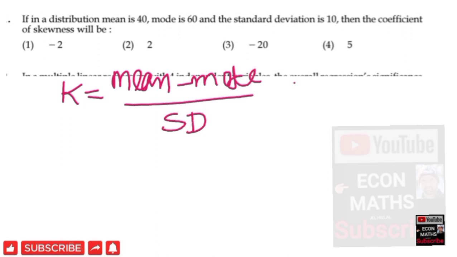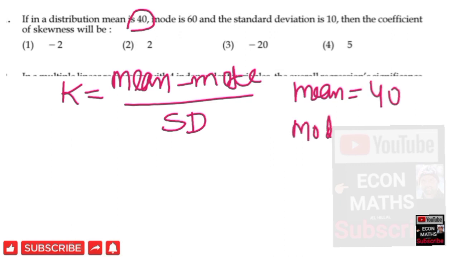Our mean is given as 40, mode is given as 60, and standard deviation is also given as 10. We have to just insert the values here.